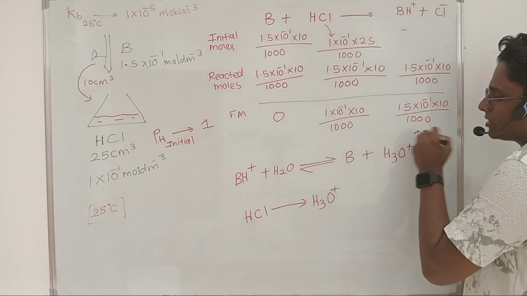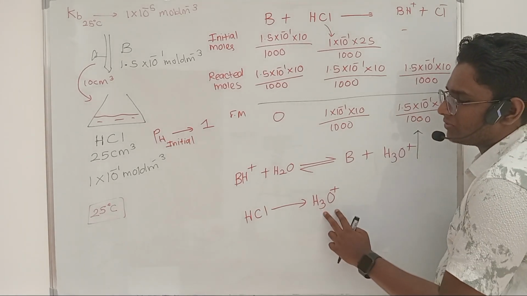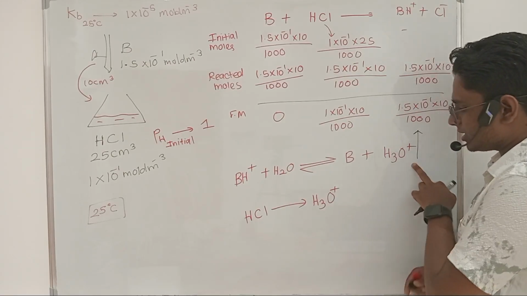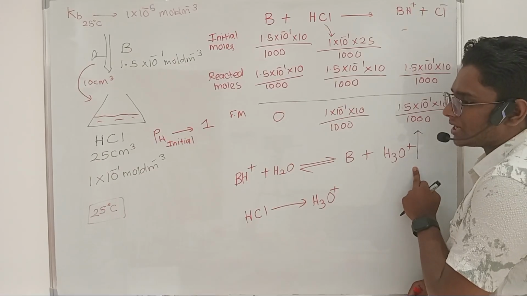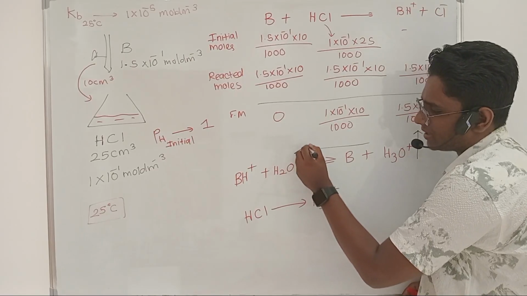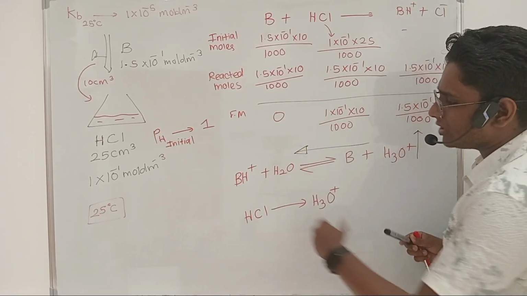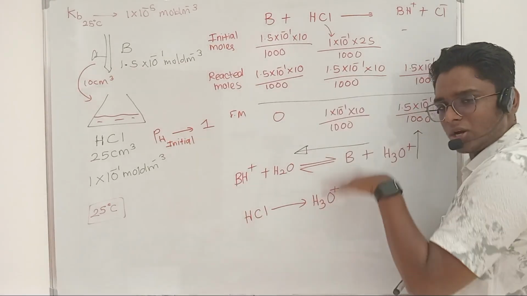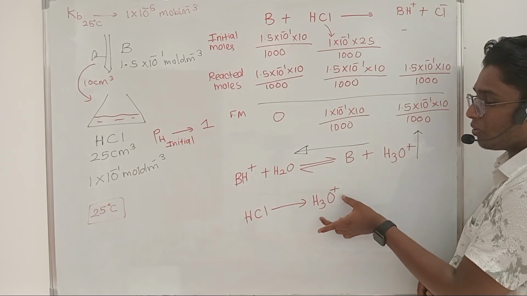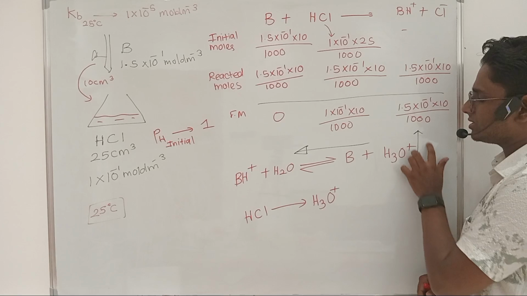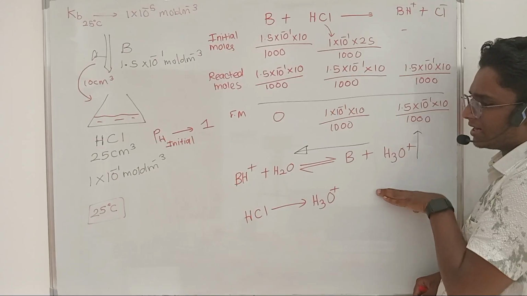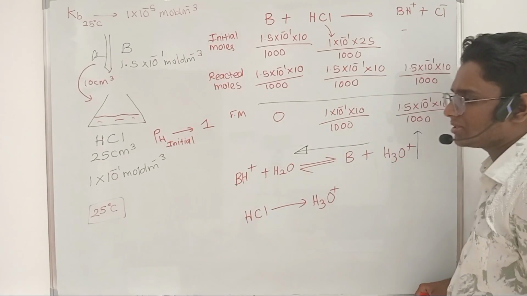According to Le Chatelier's principle, the backward reaction will be favored, so the ionization of BH+ will be lesser, because the H3O+ common ion is present.